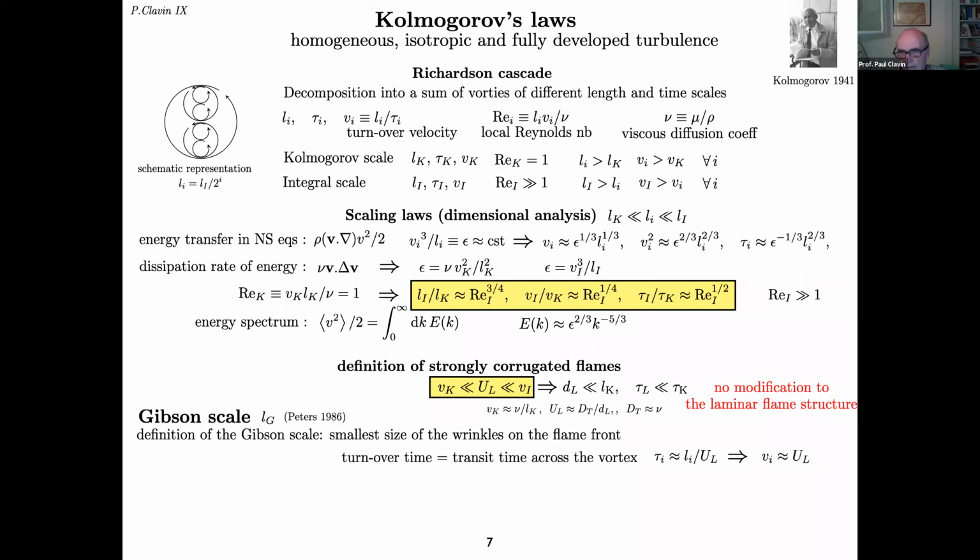So this defines a scale where the turnover velocity is equal to the laminar flame speed.